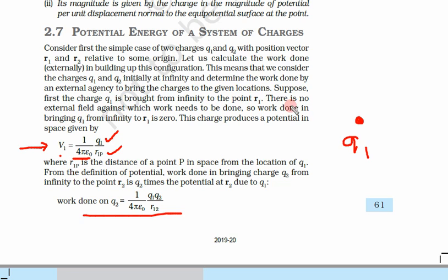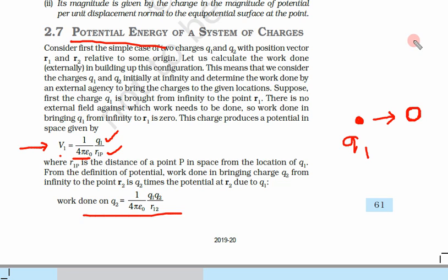Hence if we move this charge, there would be no work done. So work done due to Q1 is 0. If work done is 0, then potential energy is 0.